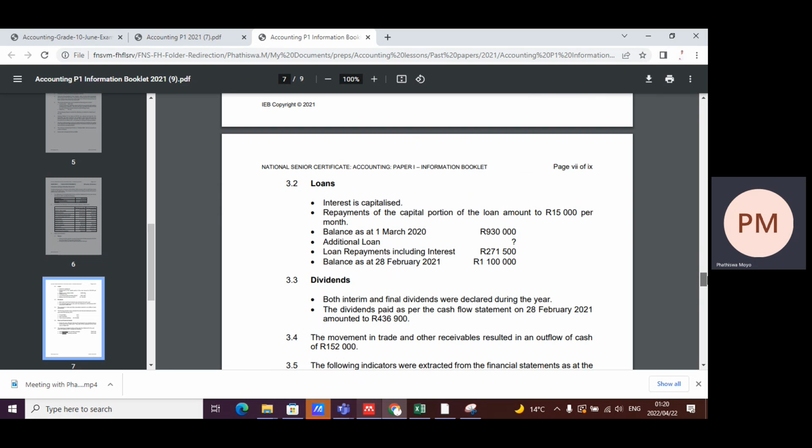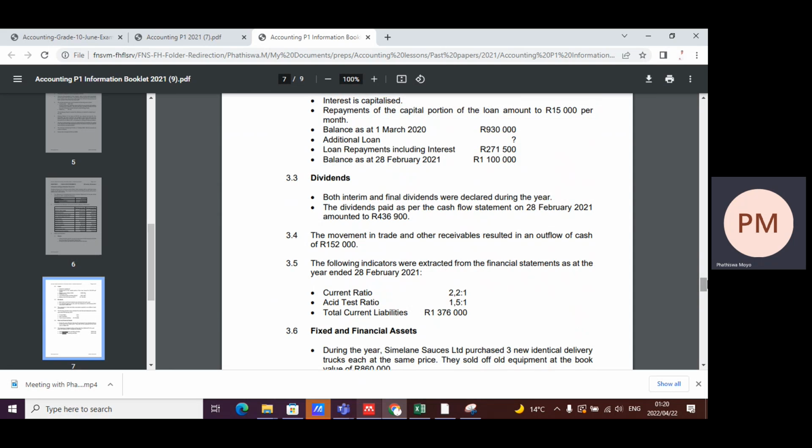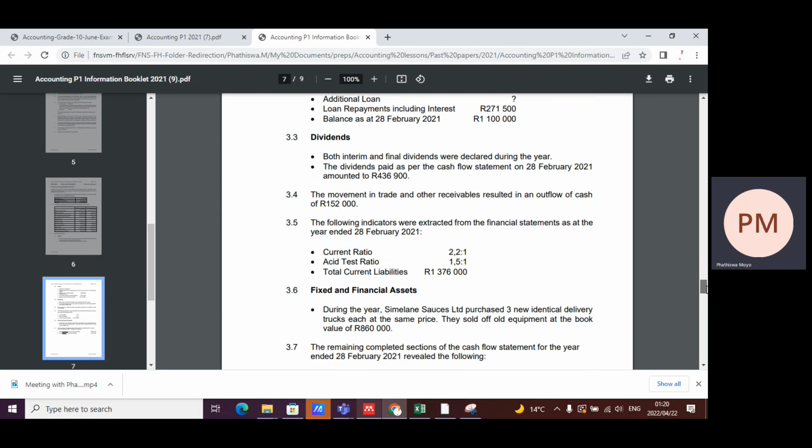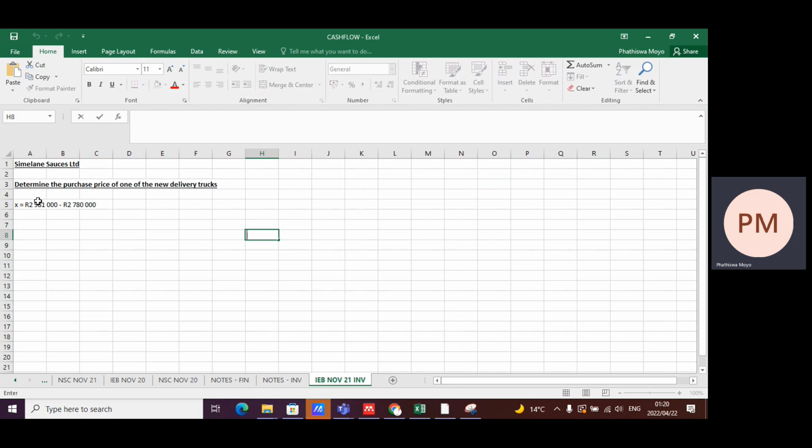So guys, if we're working backwards, we need to add the 860. I'm hoping you're doing maths, because it's going to make sense if you are familiar with working backwards and forwards. We subtracted it before, so we need to add it back. Sorry about that.